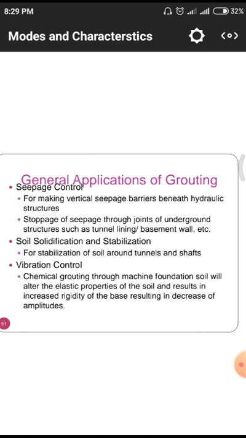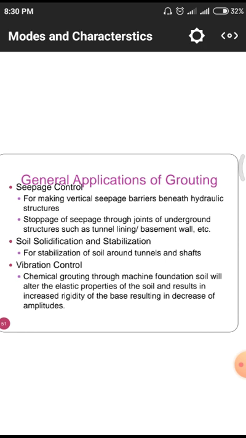In hydraulic structures, water is the major source, so to control the water flow from one point to another they have to go for this ground improvement technique, which restrains the movement of water. Simply, this is a grouting technique which restrains the flow of water.